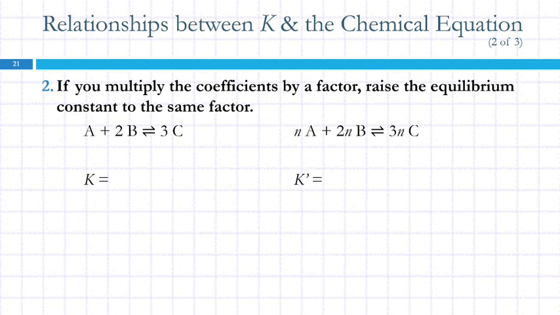What if we multiply the coefficients? We're going to raise the equilibrium constant to the same power. So before, when we doubled this, we multiplied. Now if we double it, we're going to square. So let's see how this works. So it's the same equation.